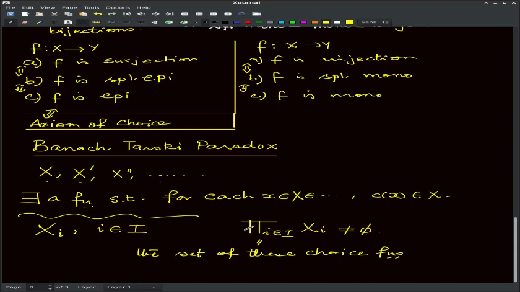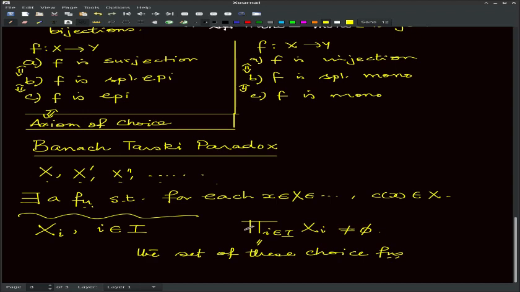So the moment you say it is countable, you have taken care of distinguishing. But the moment the indexing set I is uncountable, the choice part creeps in. You cannot anymore say that it is free of choice.